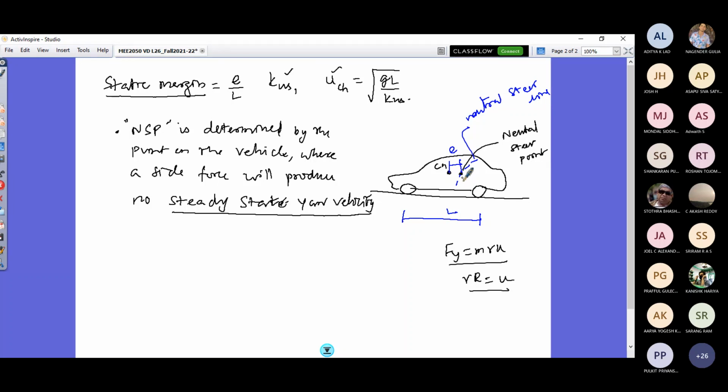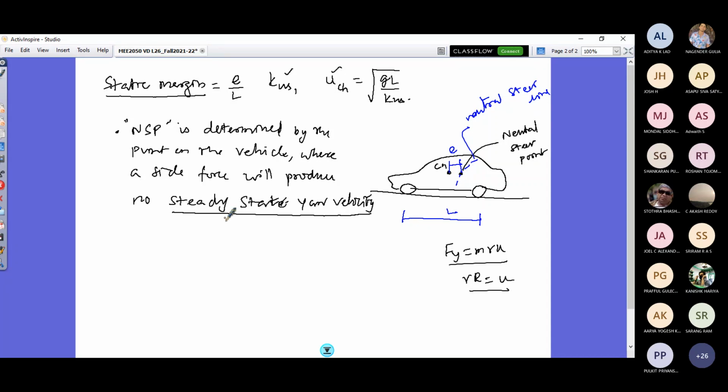So if the resultant of side force of wind gust is acting just behind the CG location, then you would have the yaw velocity. But if the point of resultant is acting at this point itself, called a neutral steer point, then you will not have this yaw motion. So the vehicle would continue in a straight path. That's what you should understand from this.